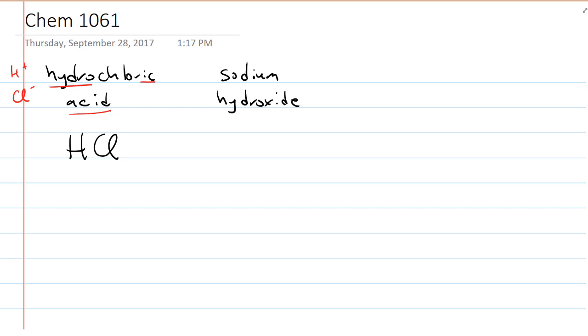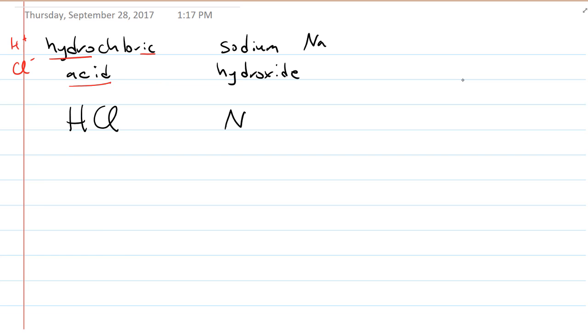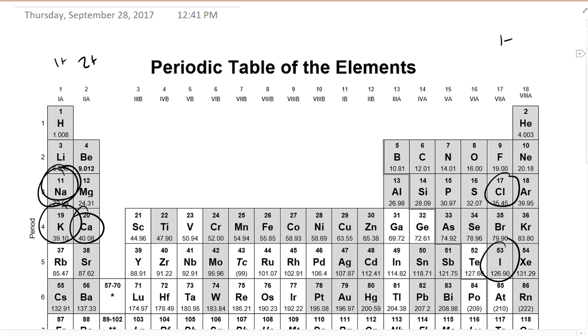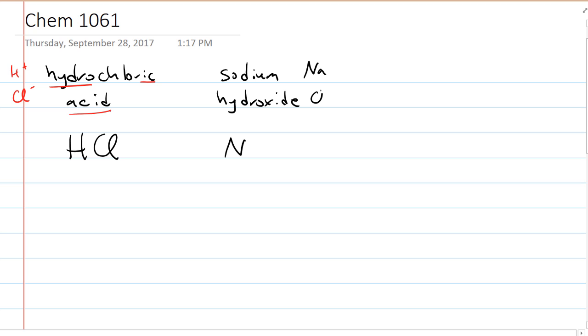Sodium hydroxide has a formula of NaOH. And that, of course, is because sodium is Na with a charge of +1, and hydroxide is OH with a charge of 1-. Okay, so we go ahead and put these two down.